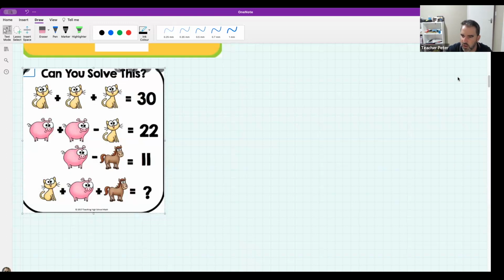Okay, so cat is 10. Yes, cat is 10, because that's the only way that that would be 30. What is a little piggy going to be? I feel like the piggy has to be 16, because that's 32 minus 10. Yep.